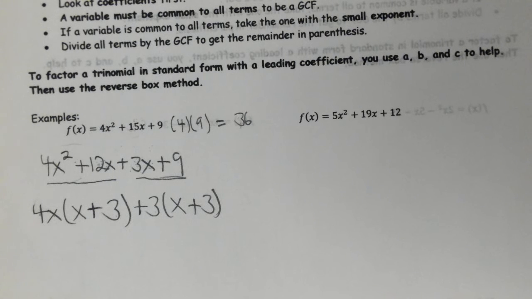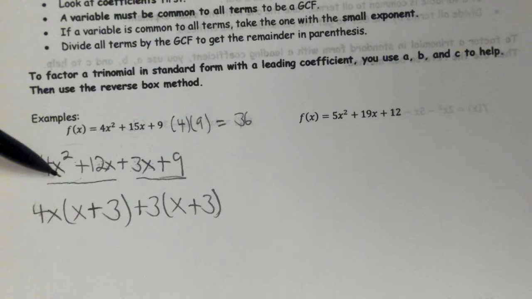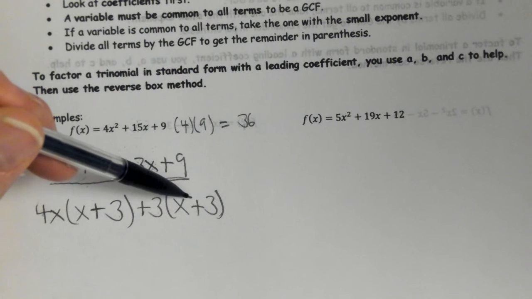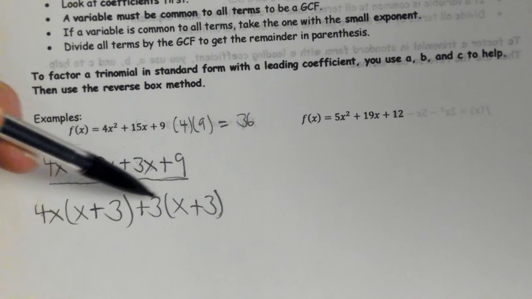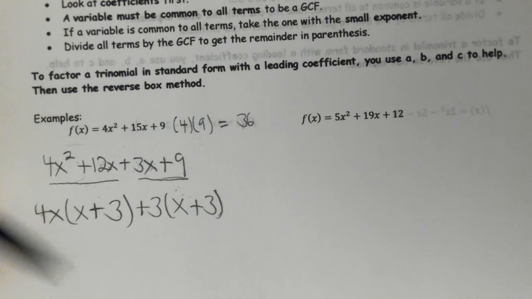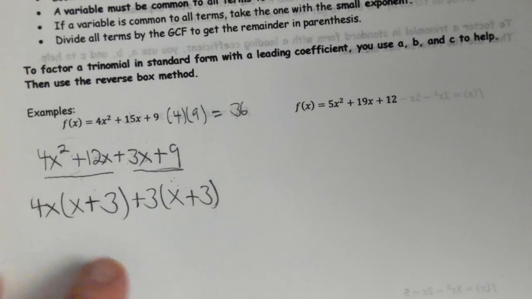Now, here's the final step. When you factor these two sets of terms that you've grouped together, you want the parentheses to be the same. If these two sets of parentheses are exactly the same, they can be factored out of the full expression.